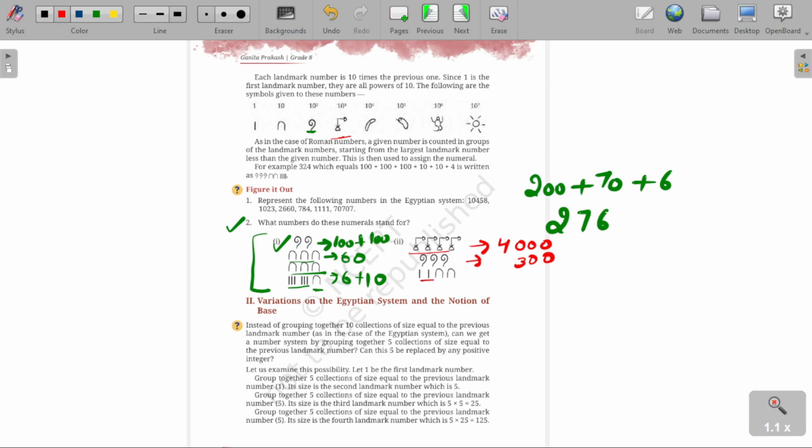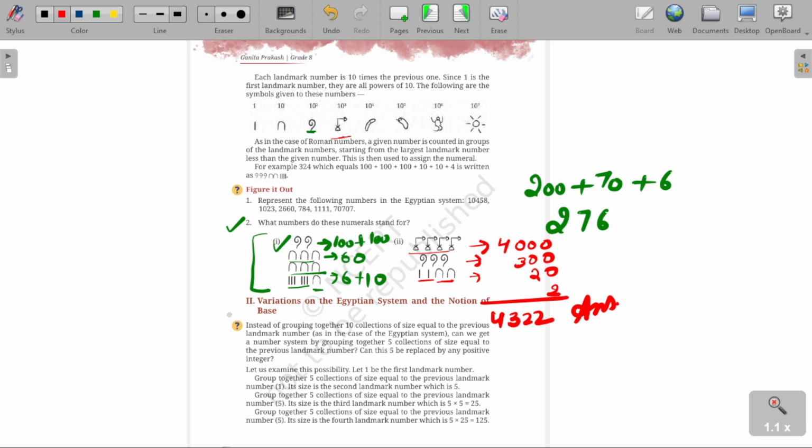Fine. This is 20, right? So 10 two times, that is 20. And 2 ones. While adding, you will get 4322. This is the answer of the second part. Yep. This is how you will solve the question. You can expand the terms also. In that way, you will get the answer.